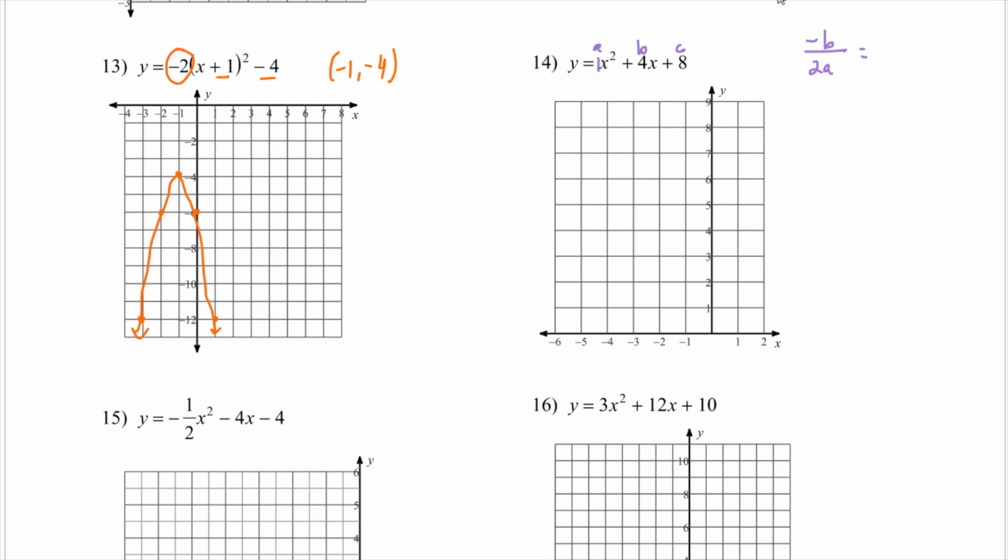So I'm going to do -4 over 2 times 1, which is -4 over 2, which is -2.